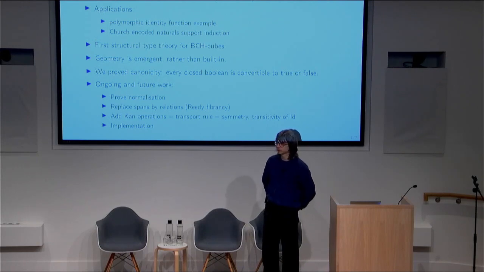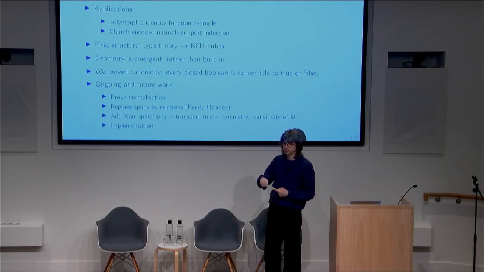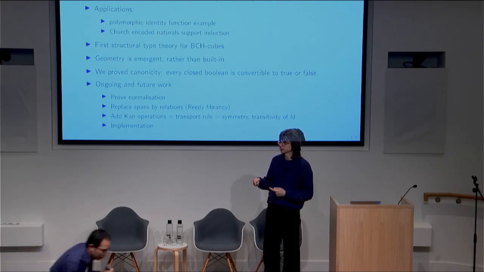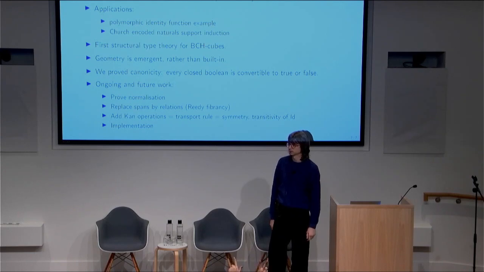And compared to cubical type theory, where, for example, you need to have substitutions in values, substitutions by interval variables, we don't have that here. So it should be simpler.